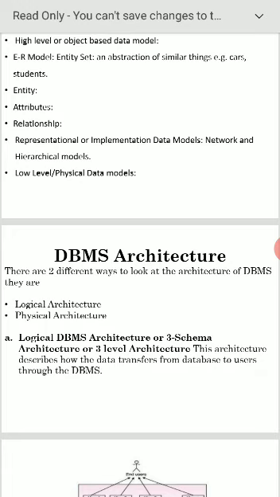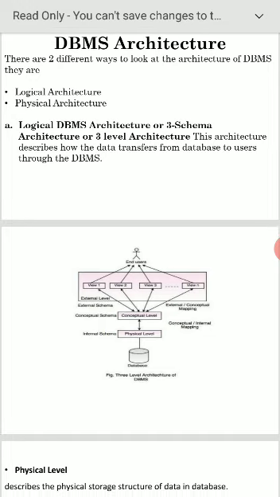Those levels are internal or physical or low level schema, conceptual or logical or middle level, and third one view or external or high level. You see this figure, the first part is there now, view 1 or user 1, view 2, view n. That is called view or external or high level.